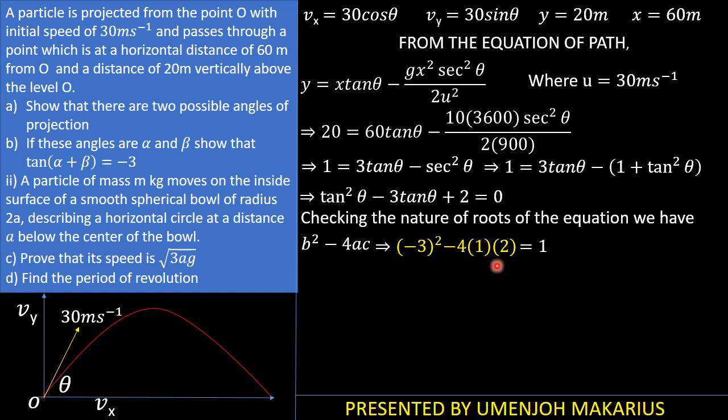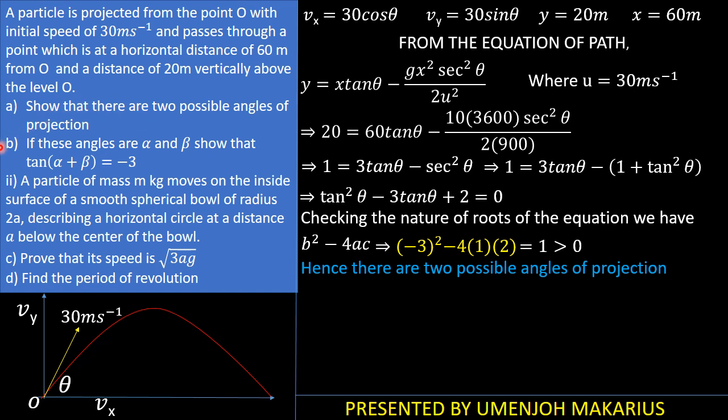This gives us an answer of 1. We must tell them that 1 is greater than 0. So our roots in this case are real and distinct. So we can conclude that there are two possible angles of projection. That's how we can answer the first part, to show them.